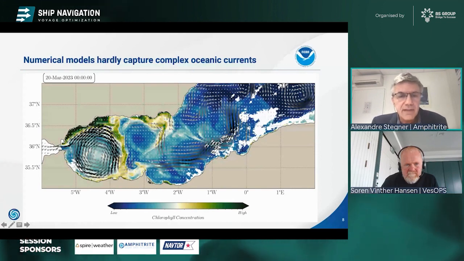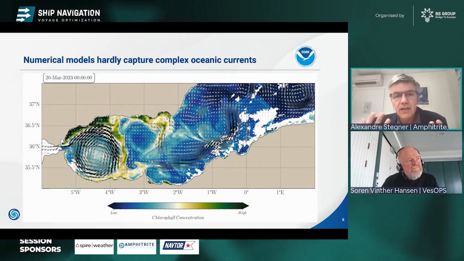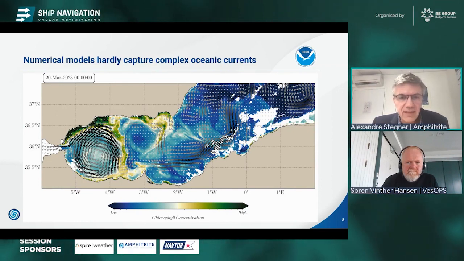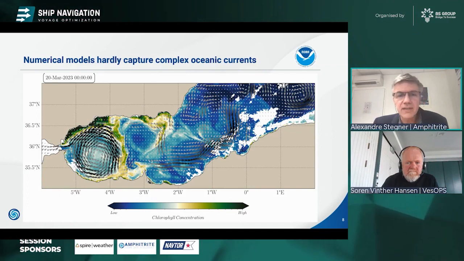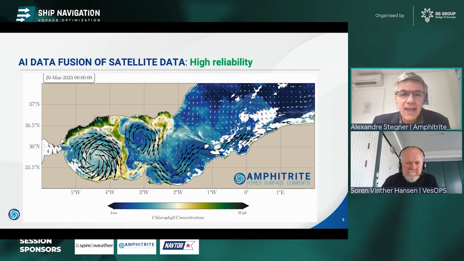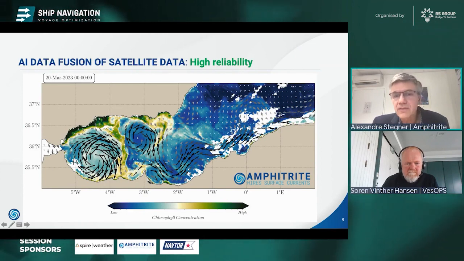So our paradigm is to say, if you want very precise information on the oceanic currents at a fine scale, you should rely on direct observations. So we merge these different satellite data that you've seen, the chlorophyll, the sea surface temperature, the altimetry data, and by doing so, with advanced AI fusion, this is what we are doing, we can capture exactly all these patterns with relatively good accuracy.